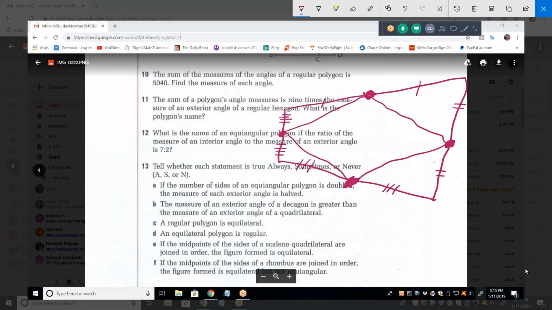But they're not. They do have one side that's all equal. In fact, they appear to have 2 sides that are all equal.